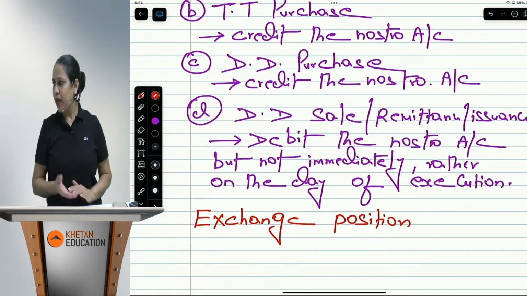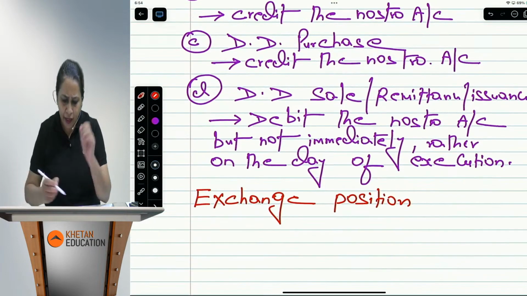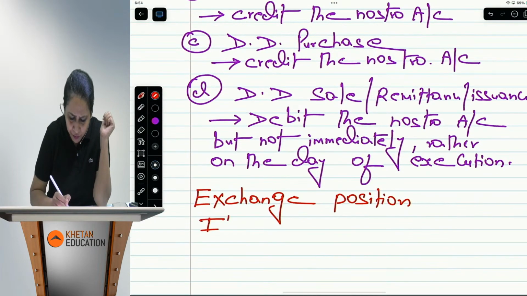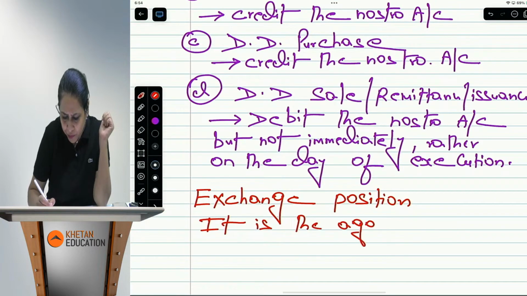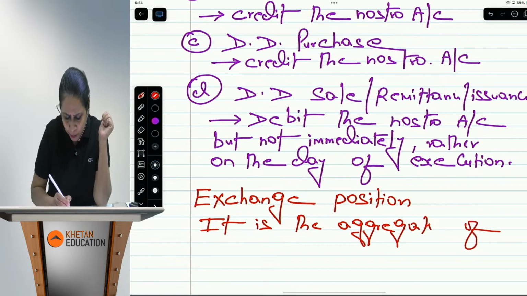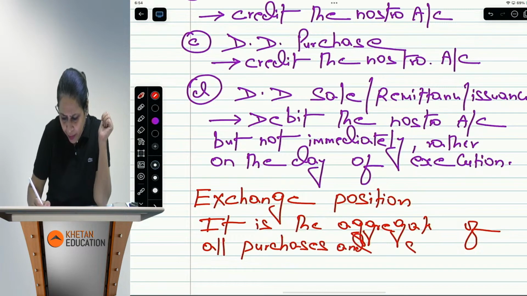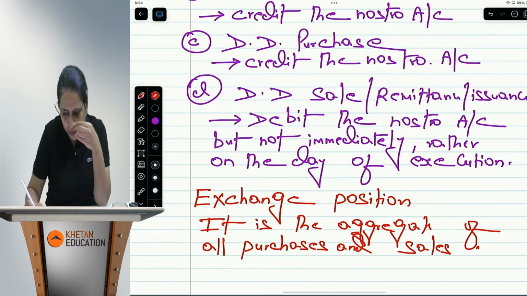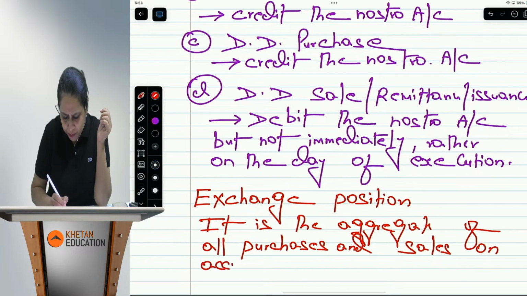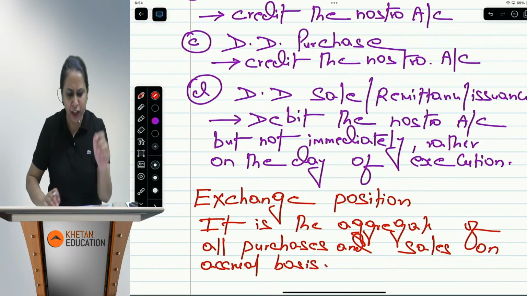Guys, I hope you are understanding the point. It is the aggregate of all purchases and sales on accrual basis. I think we are sorted here.